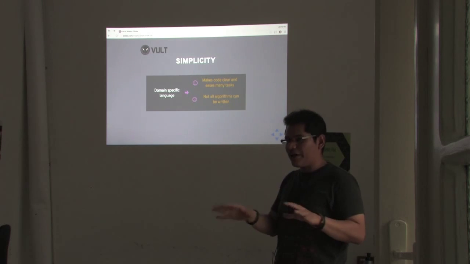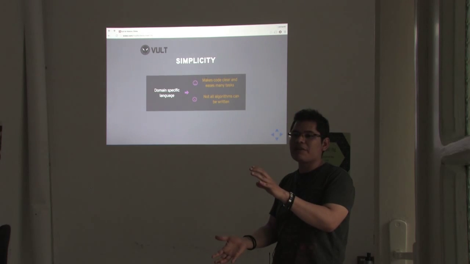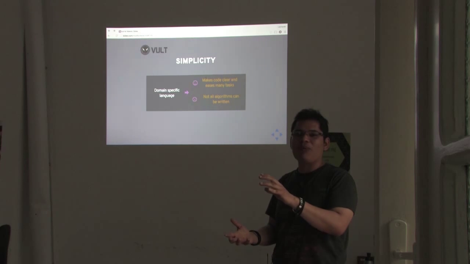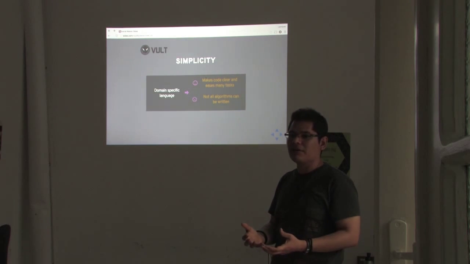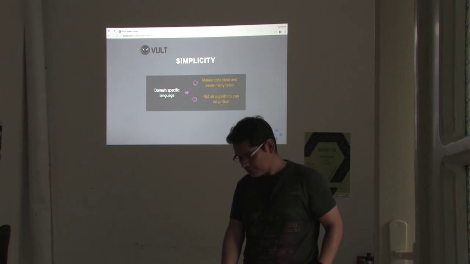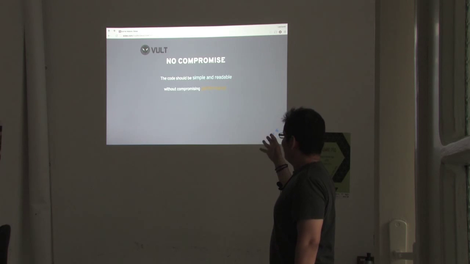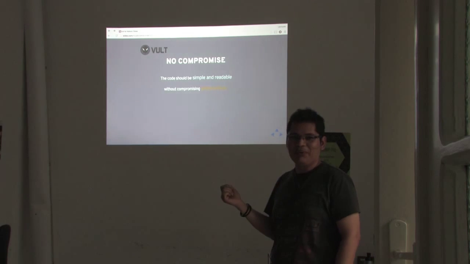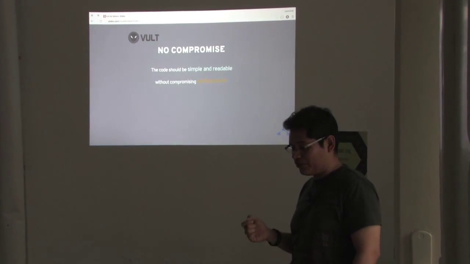What you write generates the algorithm, which is also good because you can know immediately how big is your program and if you can fit it or not into a microcontroller. So my target was to achieve something that is simple and readable without compromising the performance. It still needs to run very, very fast.